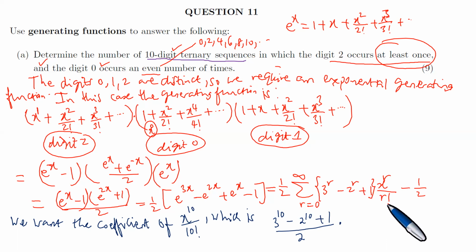Okay, now you have the coefficient. Sorry, it's going to be x to the power 10 over 10 factorial, but the coefficient is 3 to the 10, 2 to the 10, 1 over 2. That is the coefficient, and so that is the answer. So we have got the answer like that.